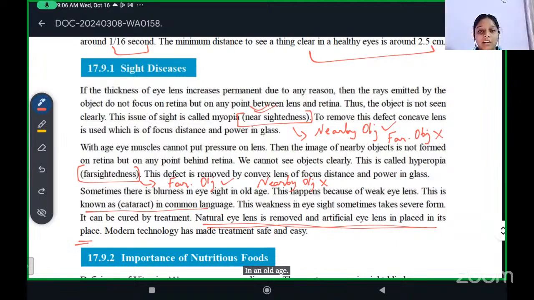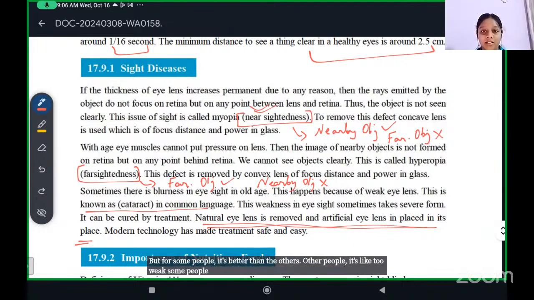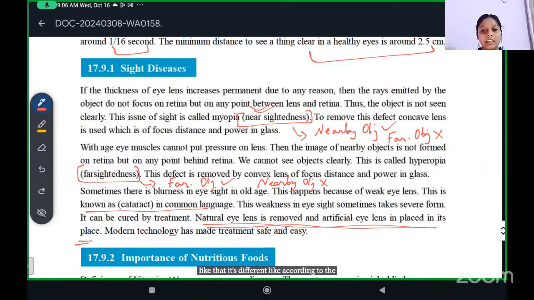All the senses slowly start becoming weak. But for some people, it's better than others. It differs according to the nutrition, the diet, the vitamins, and your body's ability, from person to person.